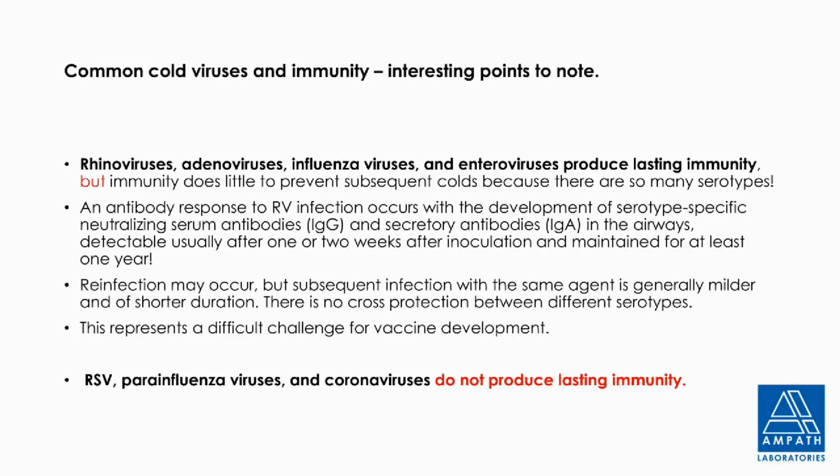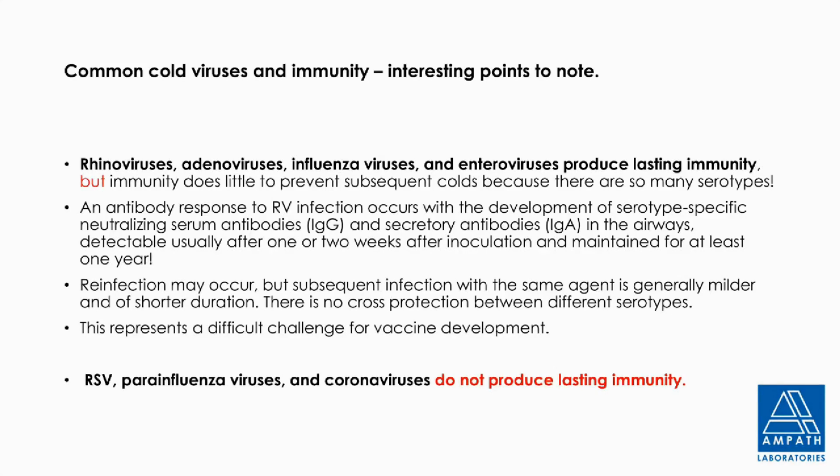And we normally detect this generally about a week or two after infection. And as mentioned, immunity can last up to a year. Generally, serological testing is not done, and this is based on academic papers and research from academia. Important to note that there is no cross-protection between the different serotypes, so hence also a challenge for vaccine development.